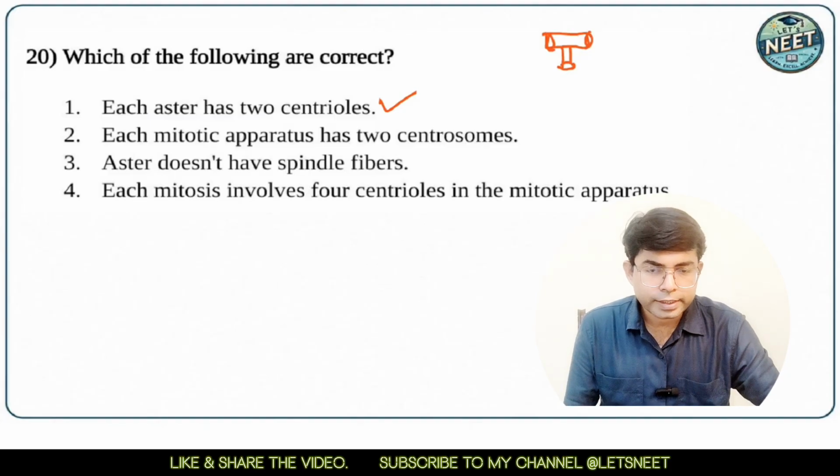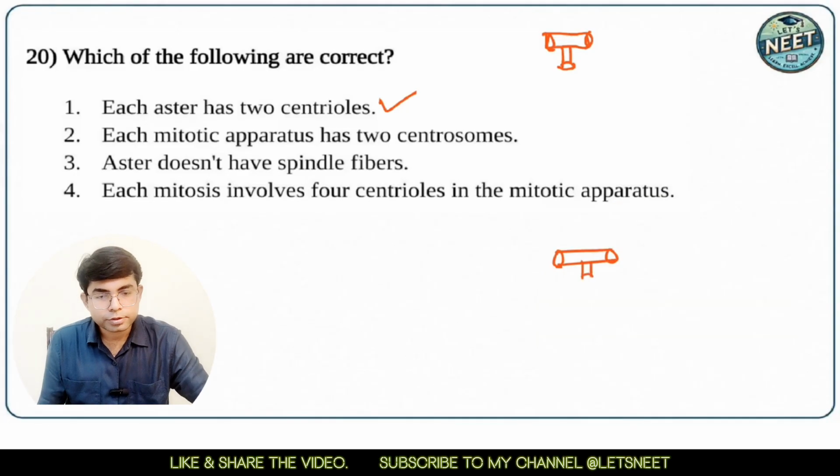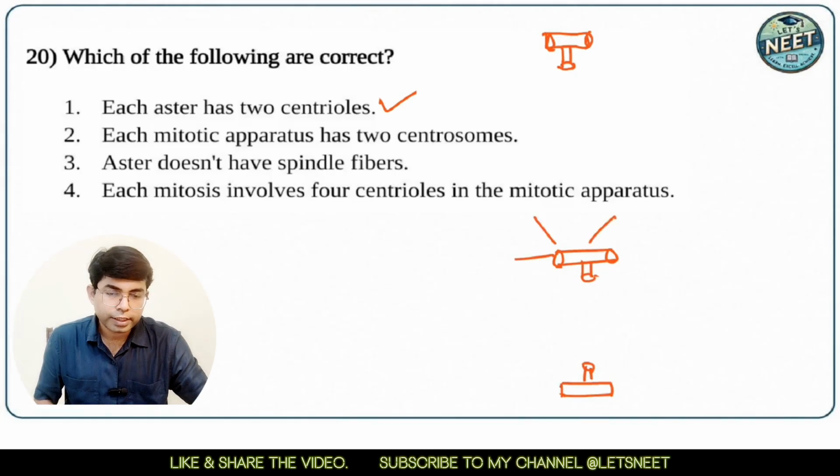Okay, let me quickly draw the structure of a mitotic apparatus. See, at the 2 poles, these two centrioles are arranged. This centrosome along with the radiating microtubules is called an aster. Now, in the same way on the other pole, the radiating microtubules along with the centrosome are called an aster.